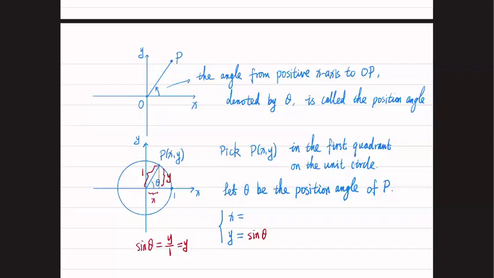Jessica, what about x? Cosine. In this triangle, cosine will be x over 1, which is x.